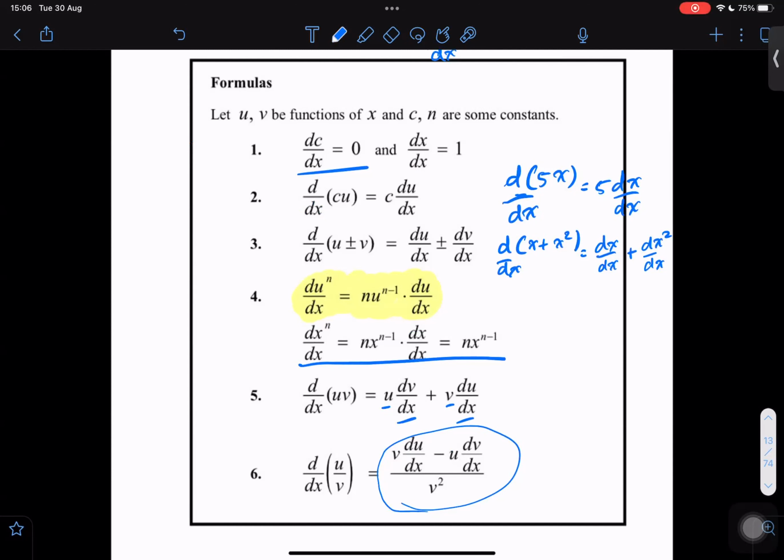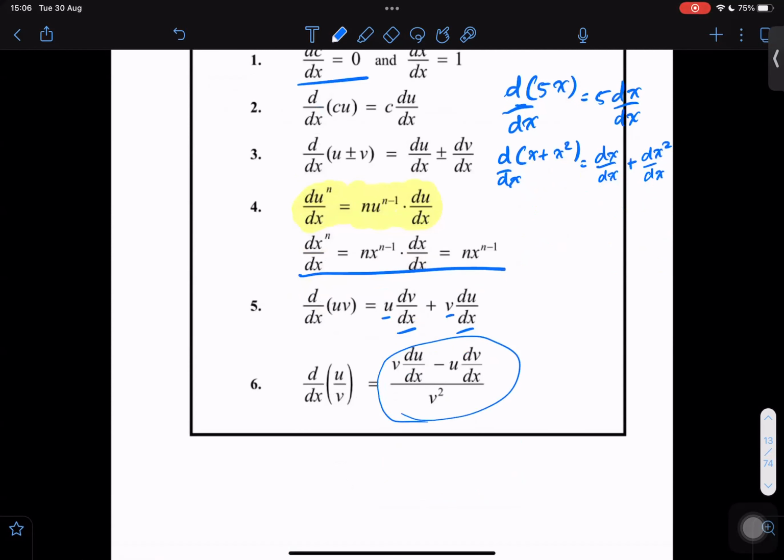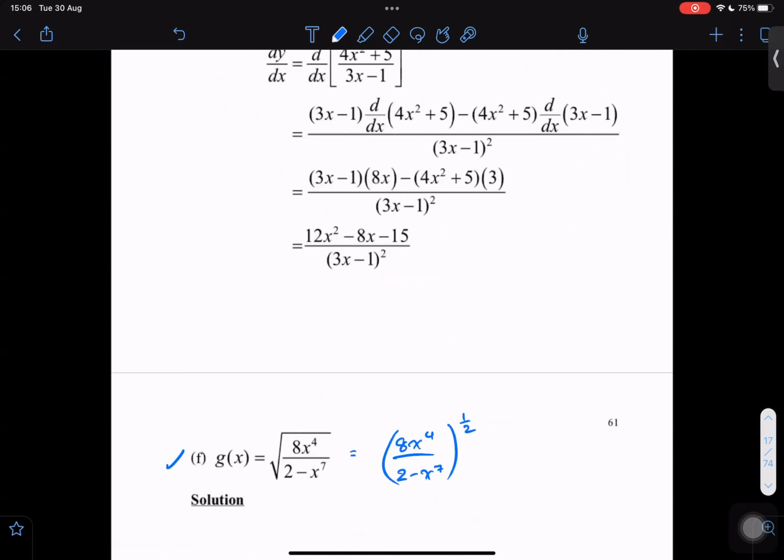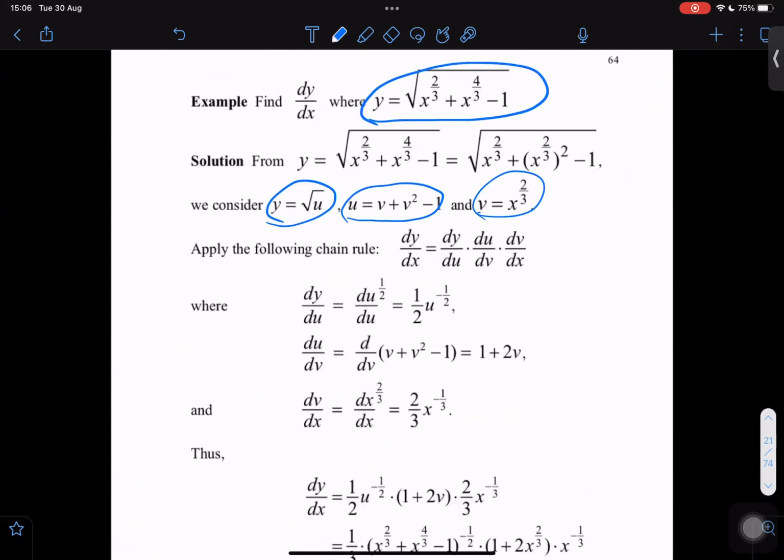Because you want to find the derivative of u to the n with respect to x, then you differentiate u to the n using the power first, and then you differentiate du again. So you already use the chain rule.